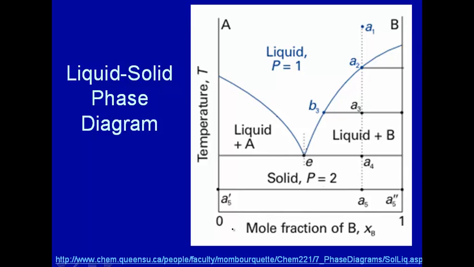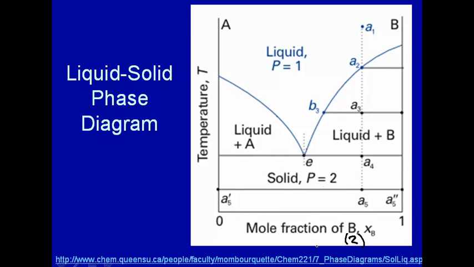We're plotting the mole fraction of B, so in our notation this would be component 2. Here there's no component B, and this is pure component B. So as you hit this line, you're going to freeze out pure B, 100% B, and you're left with a liquid that has both A and B.